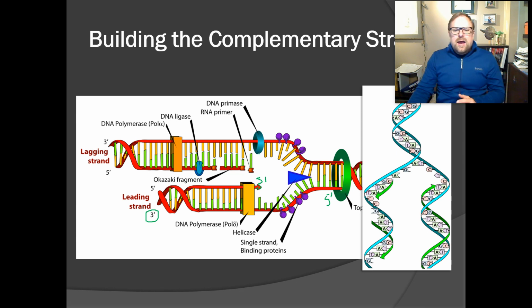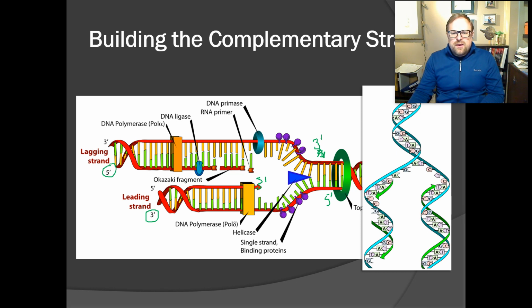However, what happens over here on the lagging strand is that we have to replicate in chunks because of the way it's unzipping for this parent strand. Remember that this is the 3' end, and here is the 5' end of the lagging strand.